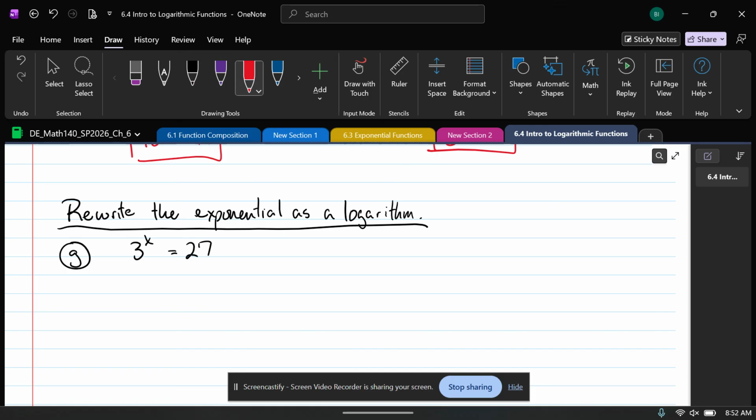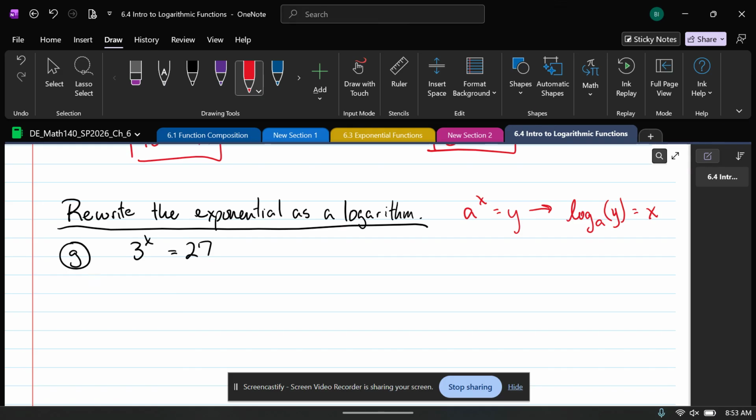Remember the little cheat code is that whatever the base is, that becomes the base of your logarithm. Whatever the exponent is is what your logarithm is equal to. A to the x, base is a, exponent is x. What the exponential is equal to is what you're taking the log of.